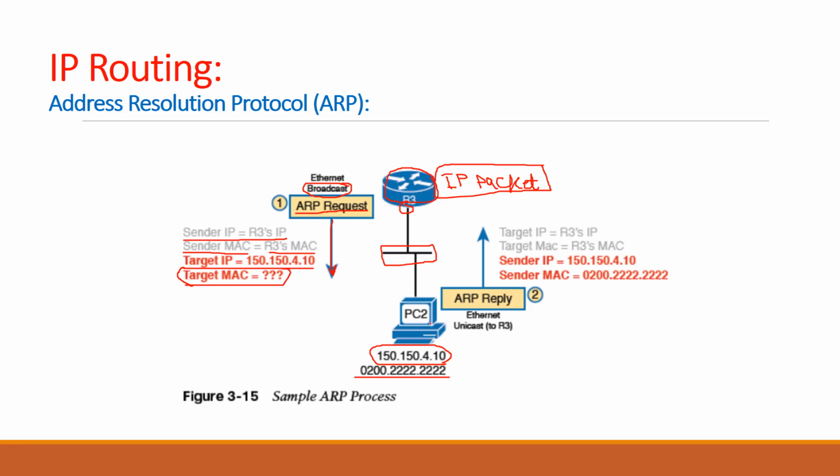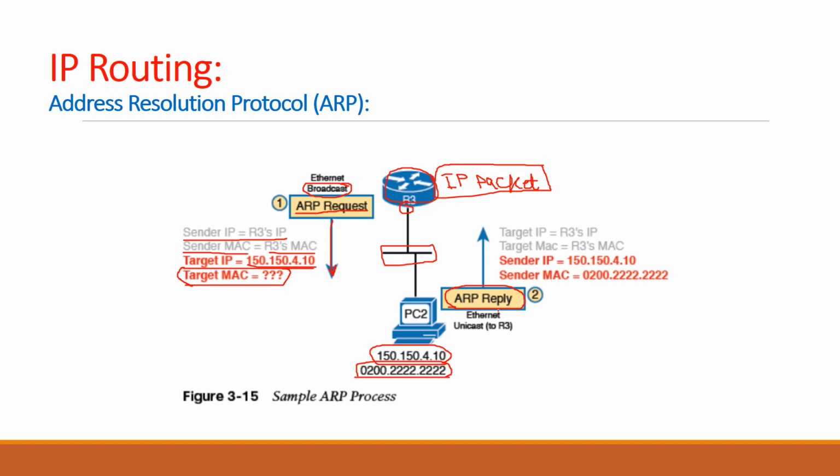So when PC2 receives this broadcast ARP request, because its IP address is listed as the destination IP, it will send an ARP reply, giving its MAC address to R3.